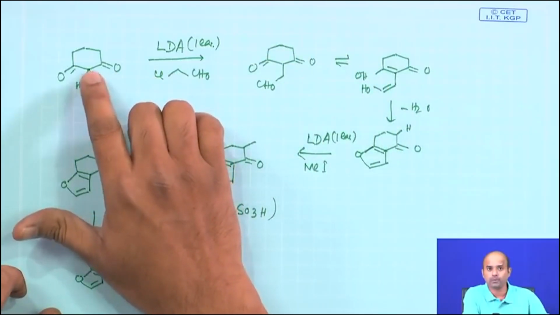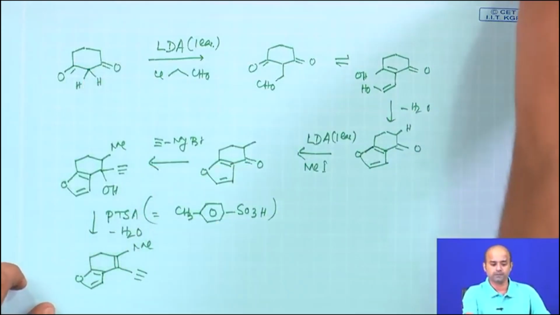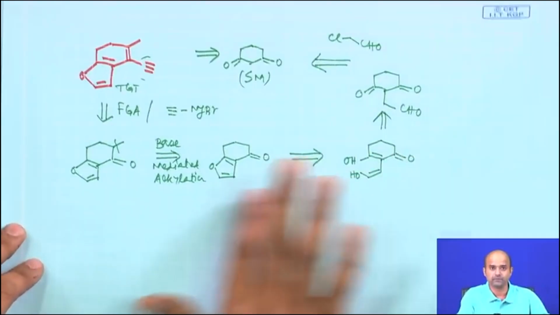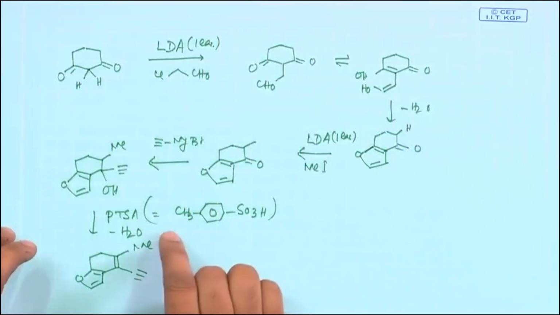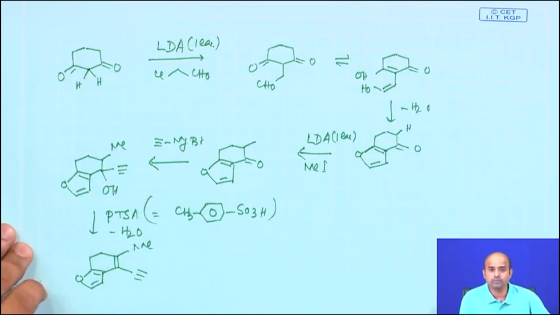This is the power of retrosynthetic disconnection. You do the initial reverse pathway, and then for the forward pathway, you start with the starting material and do the forward sequence as described in the reverse arrows. The only thing is you need to remember that in each and every step you need to put down the proper reagent and proper reaction conditions.